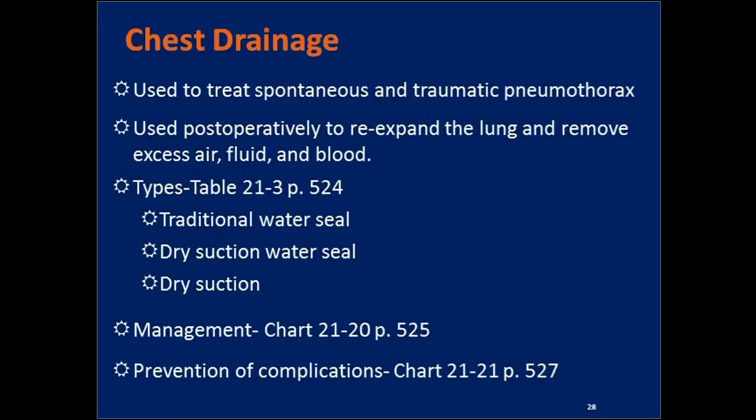In our dry suction systems, we have the water seal chamber where we look for air leaks, but instead of having a suction chamber with water in it, it just has a knob or a dial that we set to 20 centimeters of suction. It's still connected to suction, but there's no water bubbling to create the suction.